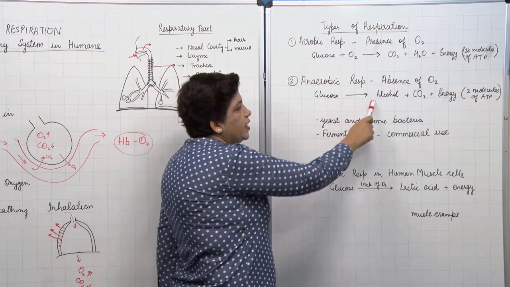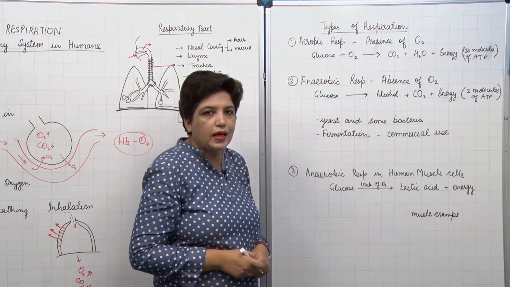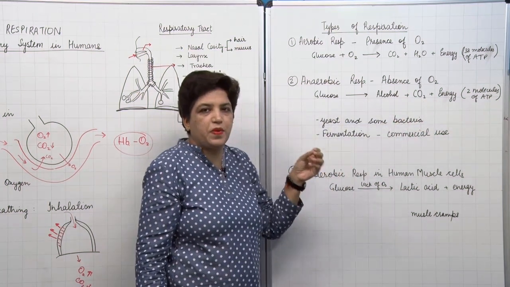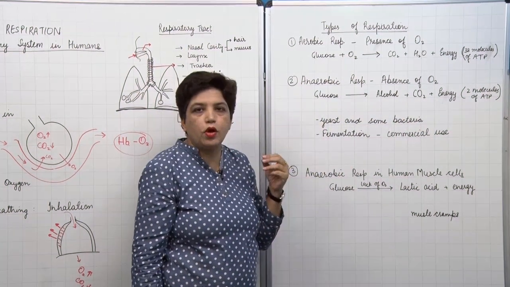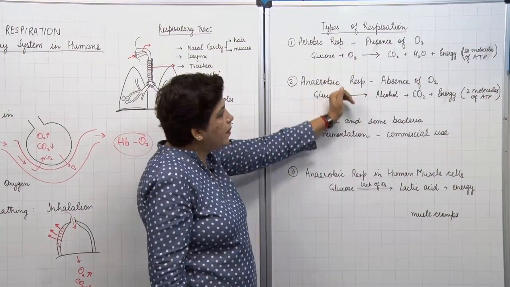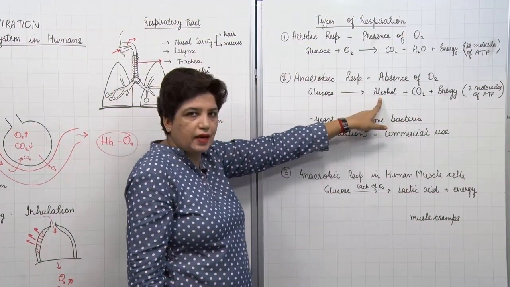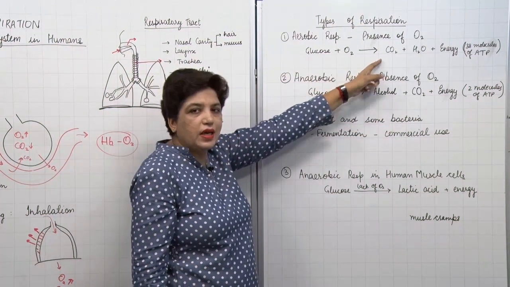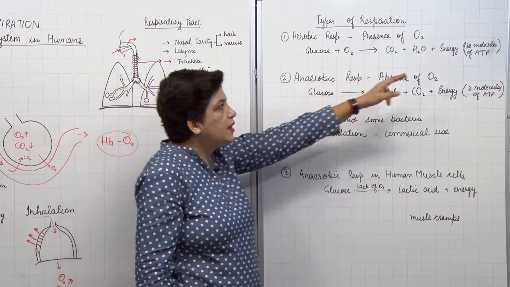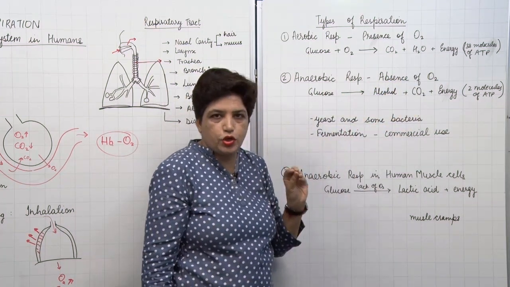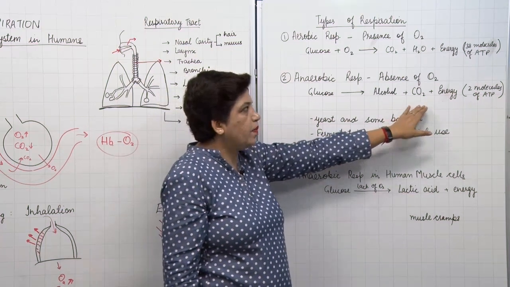There is partial breakdown of glucose into alcohol and carbon dioxide, and just 2 molecules of ATP are released from each molecule of glucose. So if you compare, there is partial breakdown of glucose in anaerobic, but complete breakdown in case of aerobic. A large amount of energy is released in aerobic, a very small amount of energy is released in anaerobic.